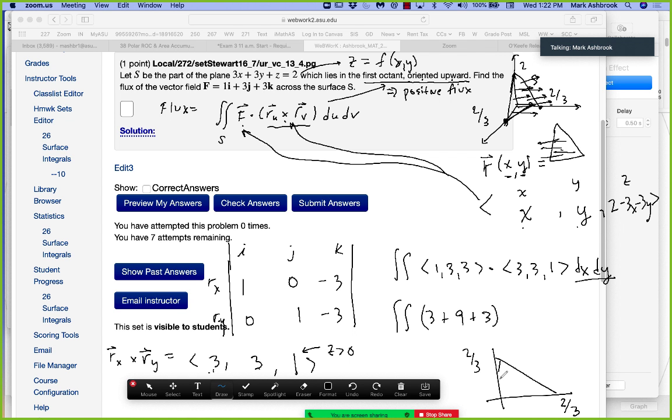Our limits of integration are according to how that plane projects into the xy plane, which is like this. So what is this? Y equals 2/3 minus x, a slope of -1 and a y-intercept of 2/3.